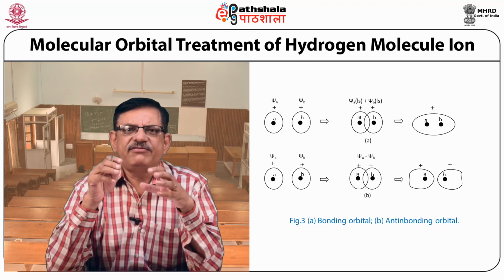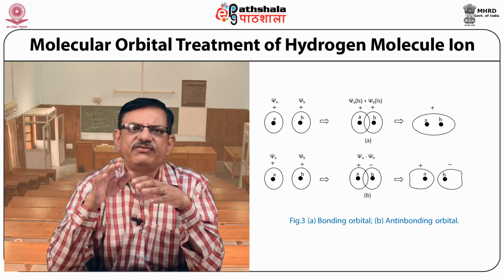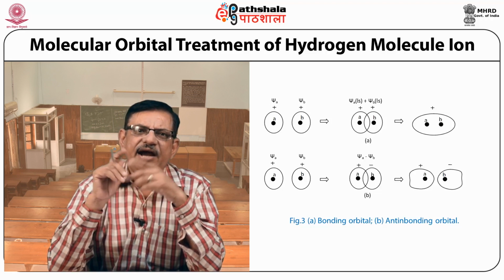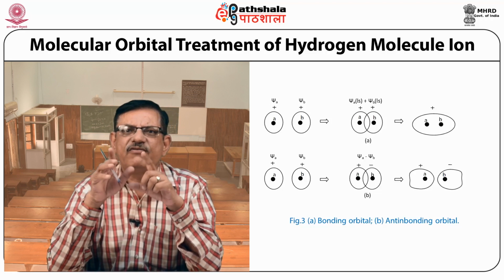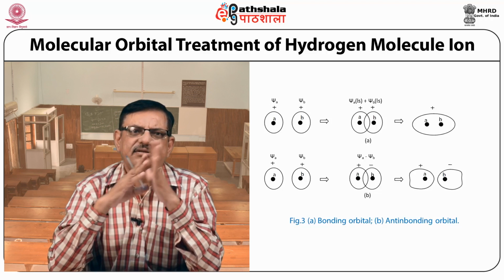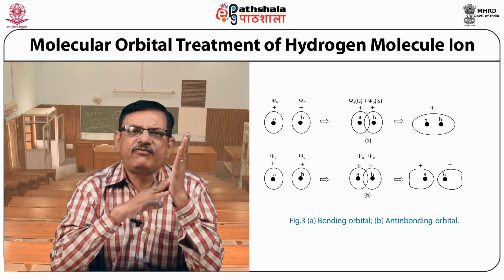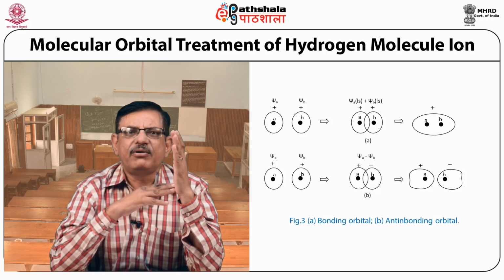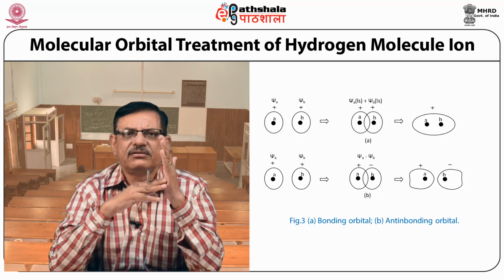The wave function psi 1 corresponds to the situation where there is a build up of electron density between the two nuclei and a more effective screening of one nucleus from the other. This suggests that a bond has been formed that is described by a bonding molecular orbital.